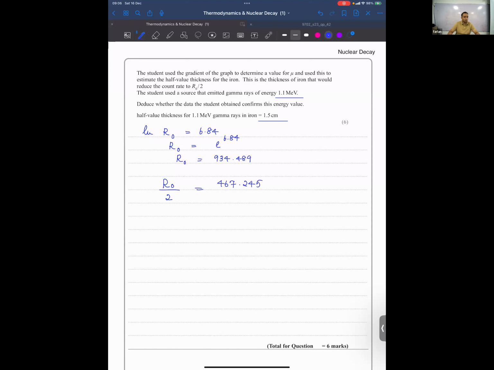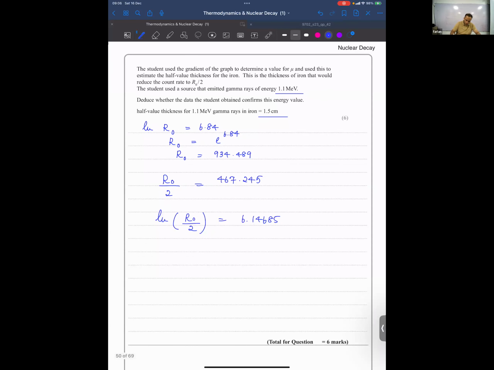This is the R0/2 value. So what is the ln of that? The ln of that value is going to be 6.14685. I can take it to 2 decimal places, 6.15.